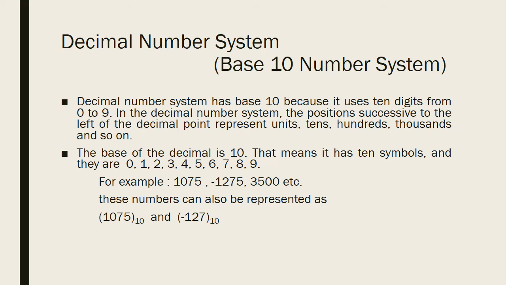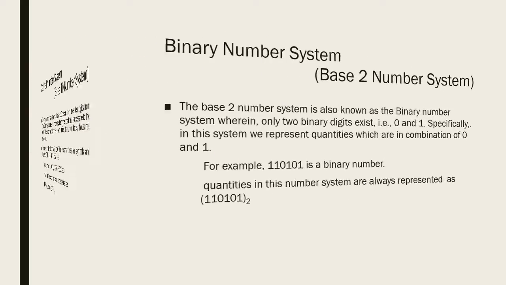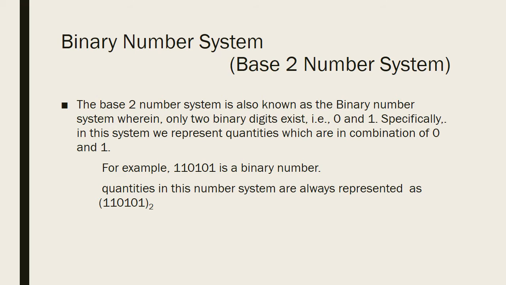These numbers can also be written inside small brackets, as you see on the last line here, 1075 inside the small brackets with base 10. The base is written down just like this. Okay, wasn't that easy enough?